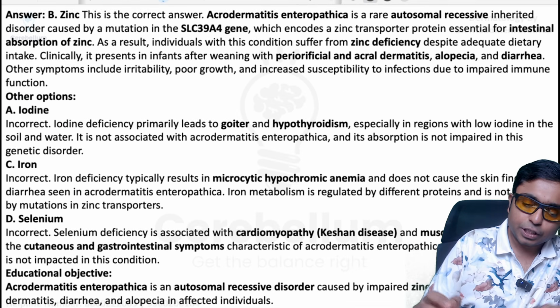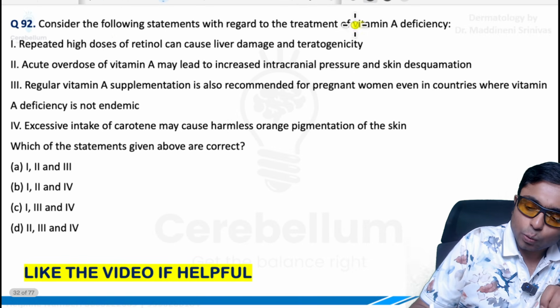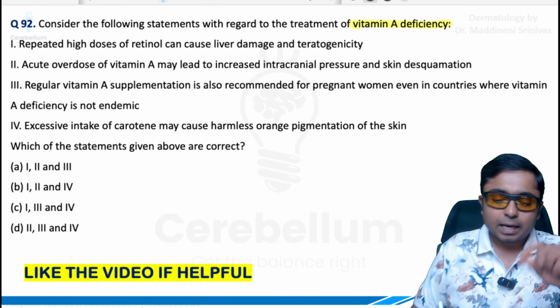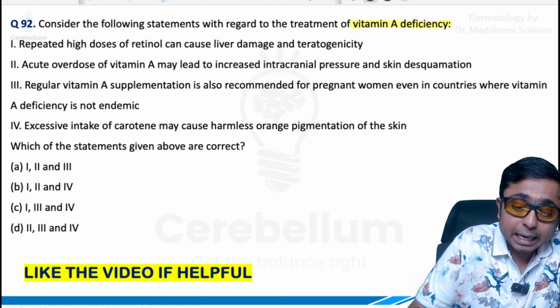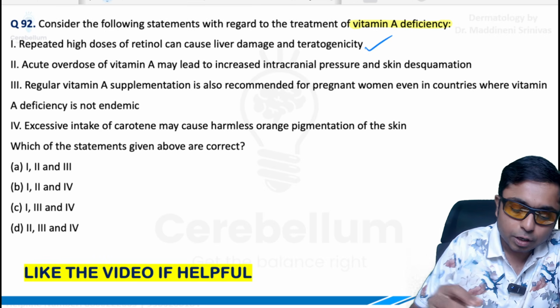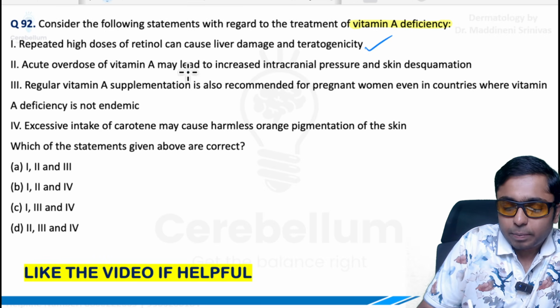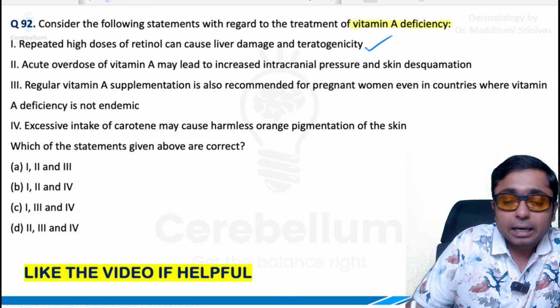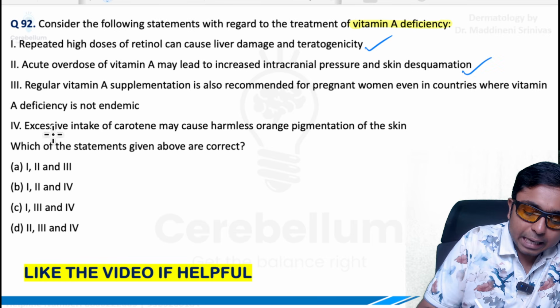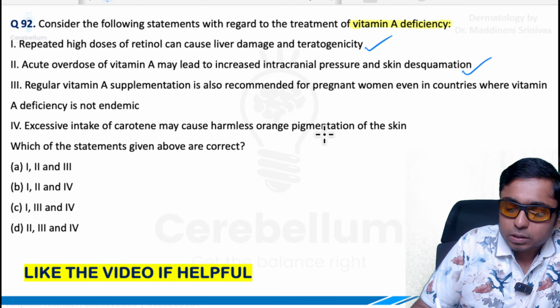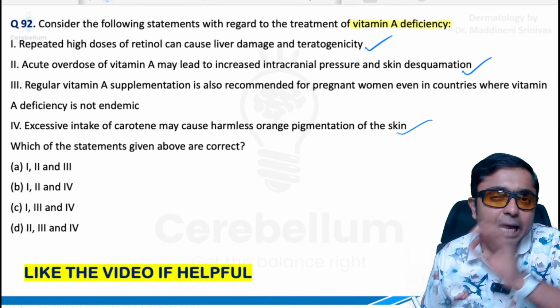So the next question is related to vitamin A deficiency. Repeated high doses of retinol can cause liver damage and teratogenicity. This is an absolutely correct statement. Acute overdose of vitamin A may lead to increased intracranial pressure and skin desquamation. Absolutely true. Excessive intake of carotene may cause harmless orange pigmentation of the skin. Absolutely true.